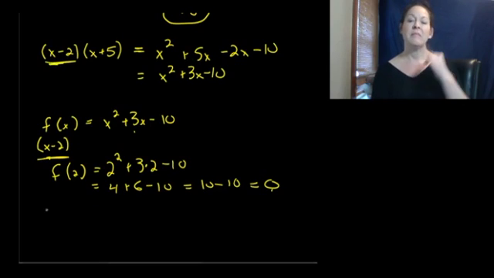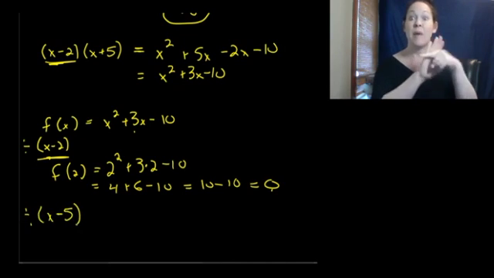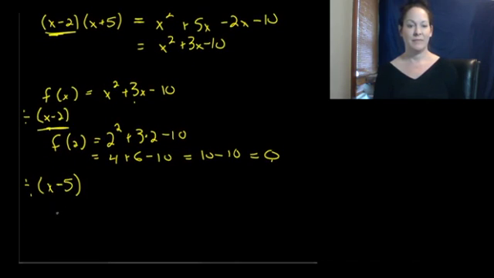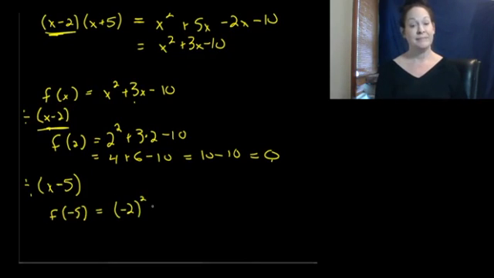But let's say I was to divide f of x by x minus 5. So I'm going to use the remainder theorem. Oops, not minus 5. Right? Nope.